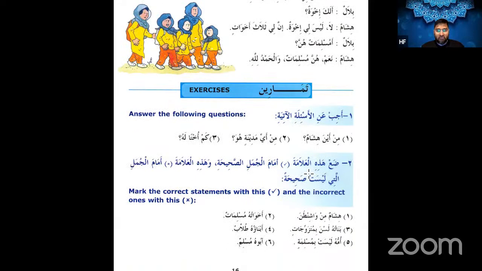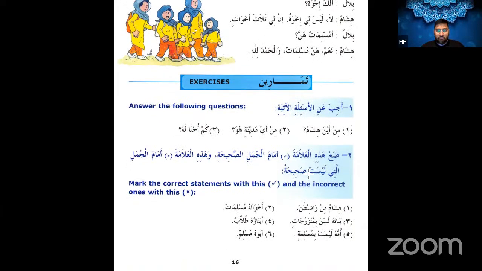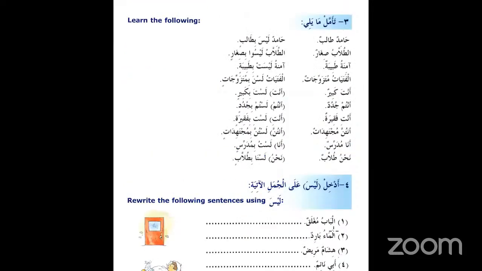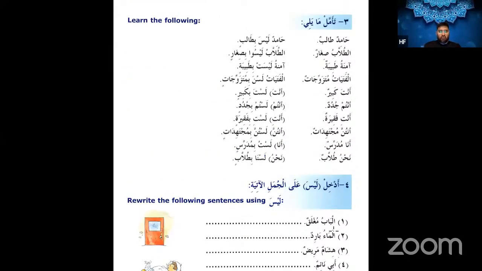Now, in this exercise, which we're going to do now, we've got all the forms of Laysa on page 17, right, Sheikh? We went through that. Yeah, that's right. So you've got the forms. If you repeat this, just for repetition, it'll be good. So you will understand how we do the exercise as well.